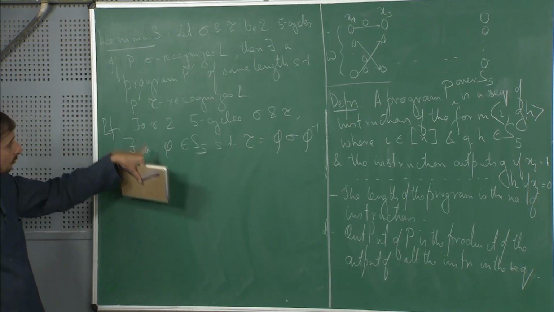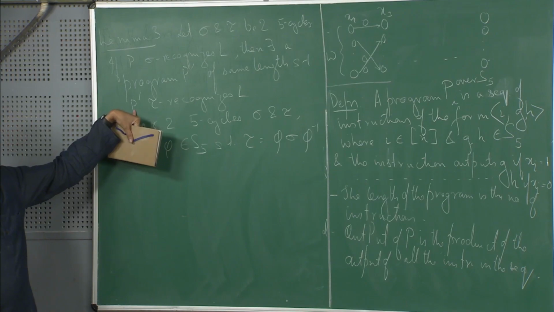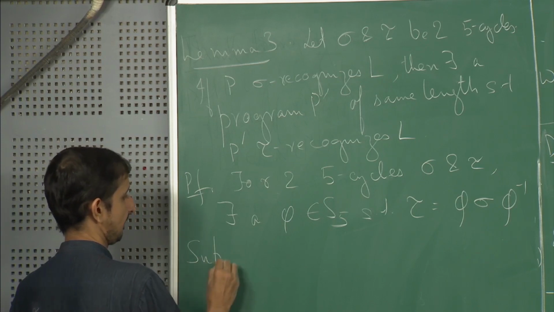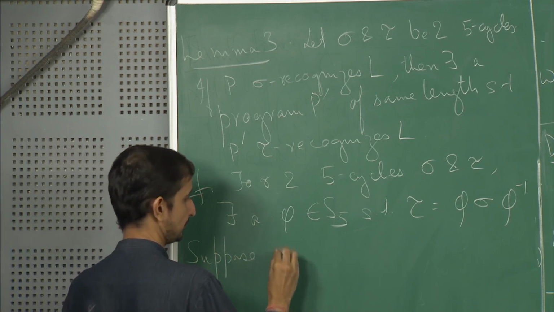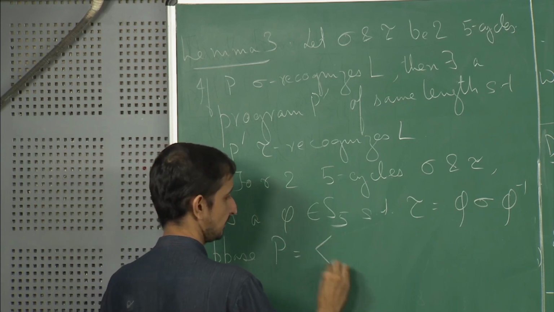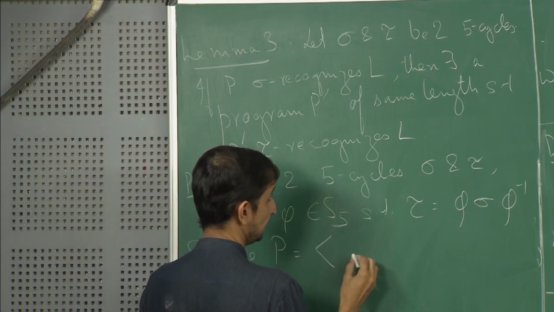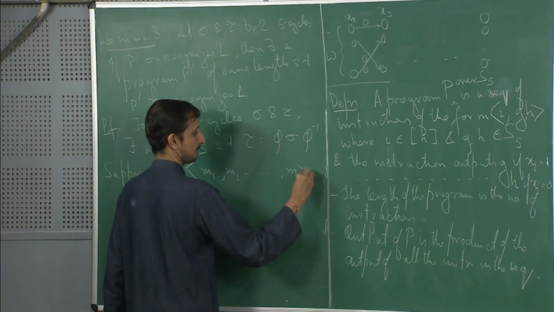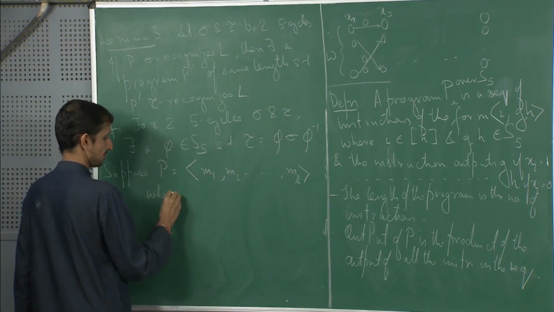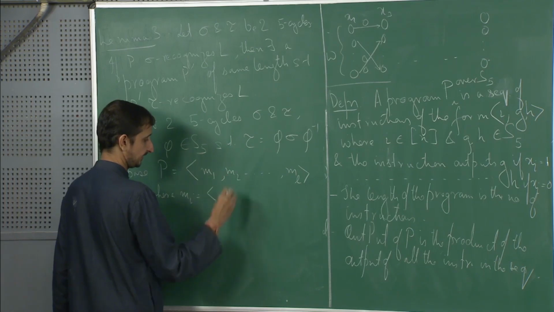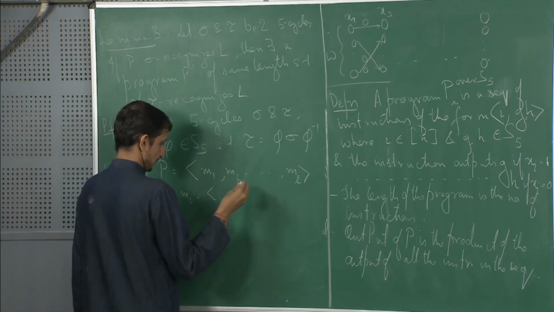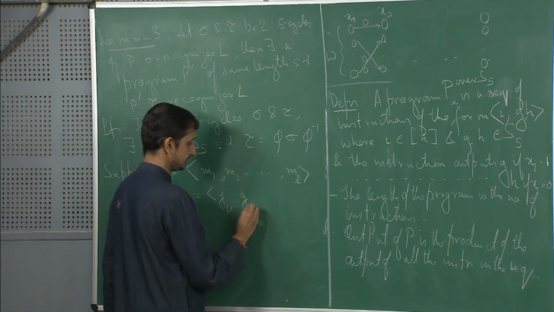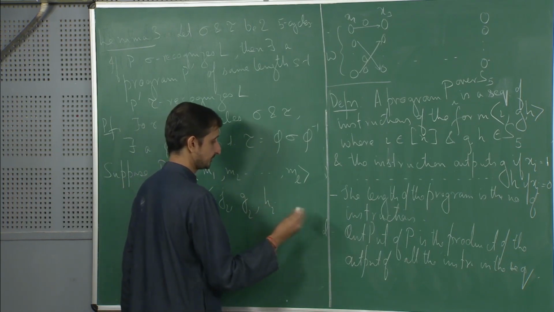Now, how do we get P prime from P? Very simple. Suppose P was of the following form: consisting of the instructions M1, M2 up to some ML, where Mi has the instruction, let us say, Ji, Gi, Hi.